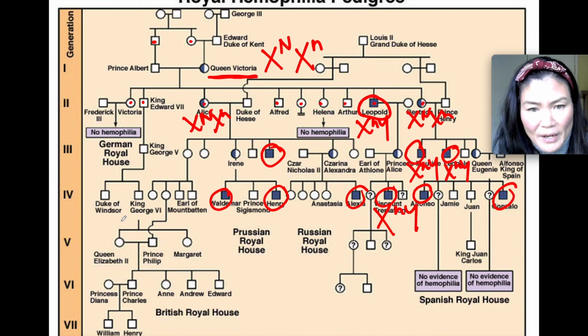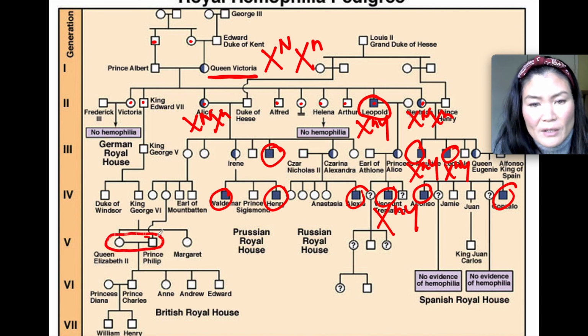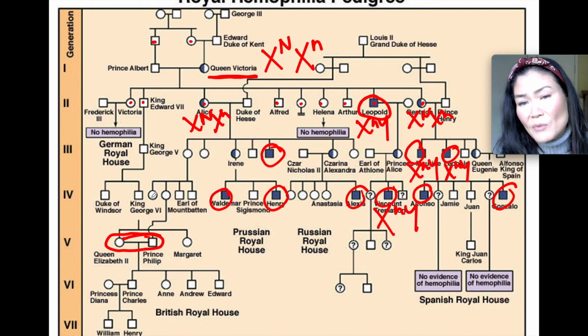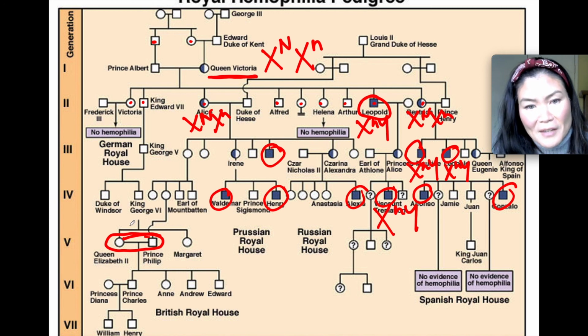Here's where we are right now. Oh yeah, Queen Elizabeth and her husband, Prince Philip. They're actually distant relatives too. Because Prince Philip comes from this line, from Auntie Alice, and Queen Elizabeth comes from King George, who was a descendant of King Edward VII.